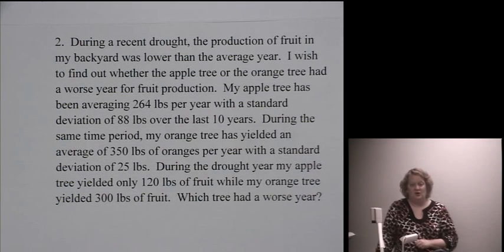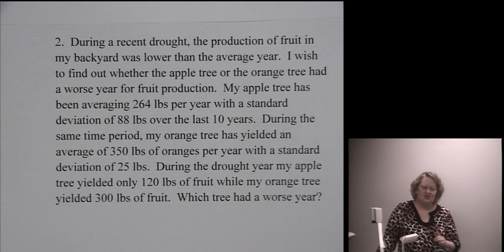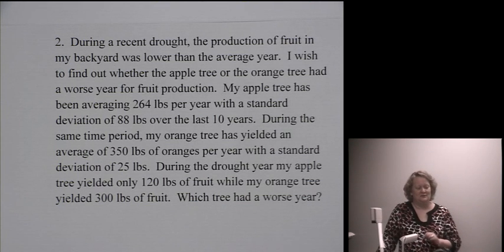During a recent drought, the production of fruit in my backyard was lower than the average year. Now, actually, I don't have any fruit trees in my yard, so we're pretending a little bit here. I wish to find out whether the apple tree or the orange tree had a worse year for fruit production. My apple tree has been averaging 264 pounds per year with a standard deviation of 88 pounds over the last 10 years.